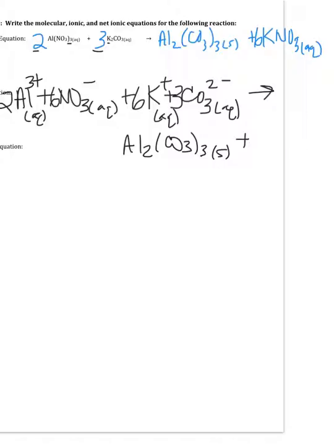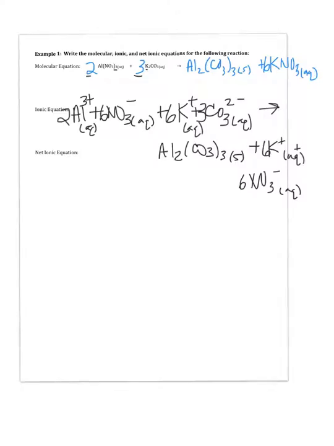So we will break apart the potassium nitrate into ions. Potassium ions and nitrate ions. Give a little aq. And don't forget to balance. 6 potassium ions and 6 nitrate ions. So that's our ionic equation.